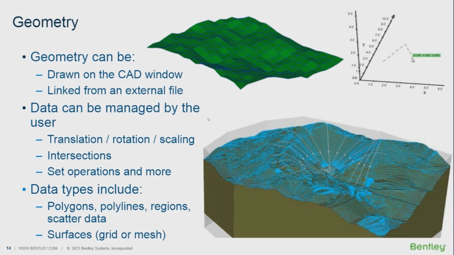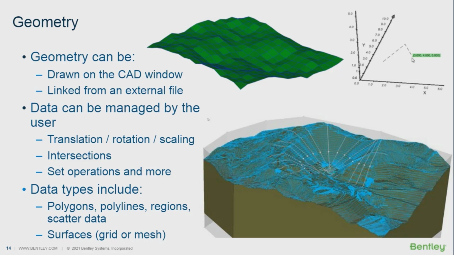For example, you can set an operation to obtain the deposition scenario between one surface and a certain deposition point, etc. And besides including meshes and grids, you can also import CAD data. So you can import polygons, polylines, regions, scatter data, and you can use them with the main goal of creating these surfaces.